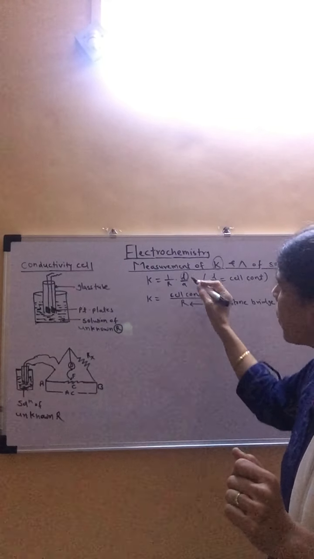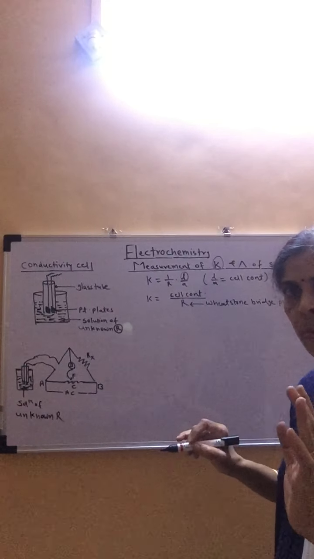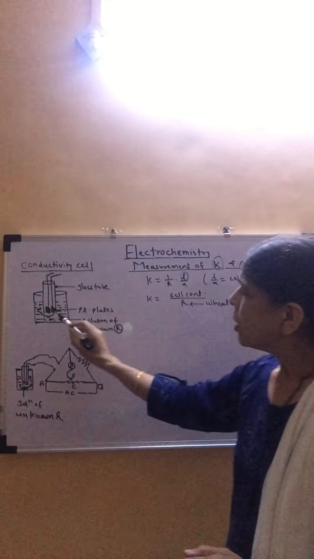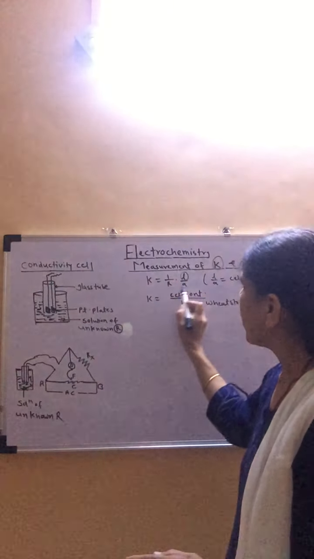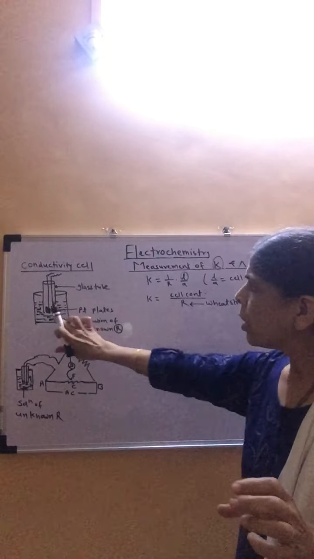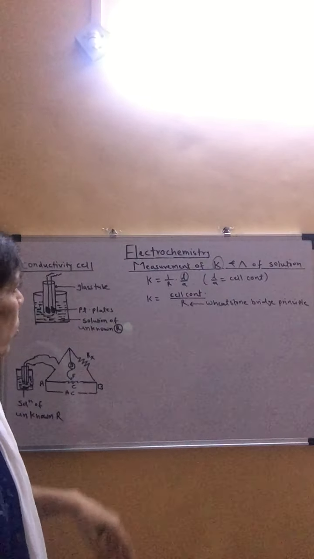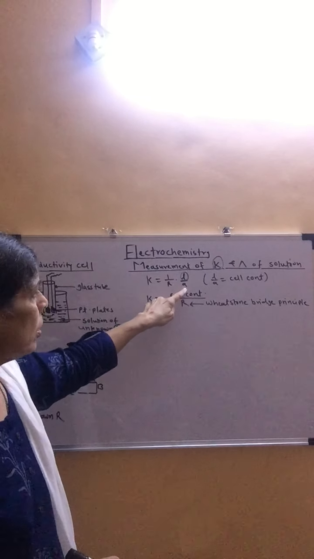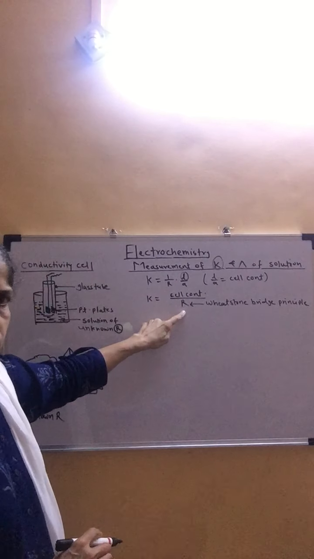For a particular cell, this ratio L upon A is constant, and that constant is known as the cell constant. So K is equal to cell constant upon R.